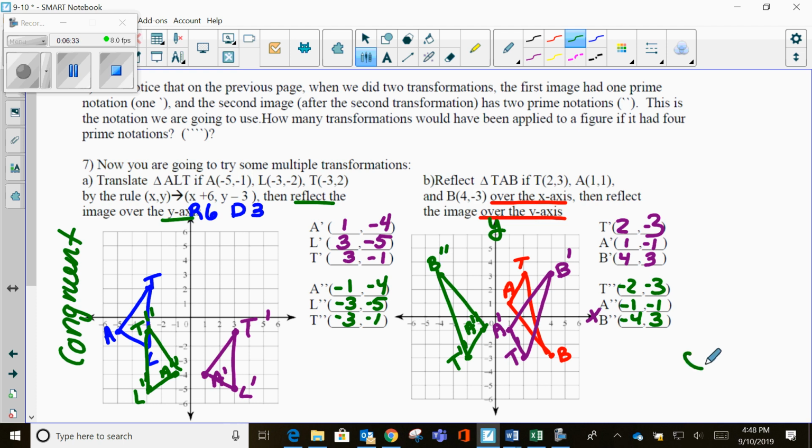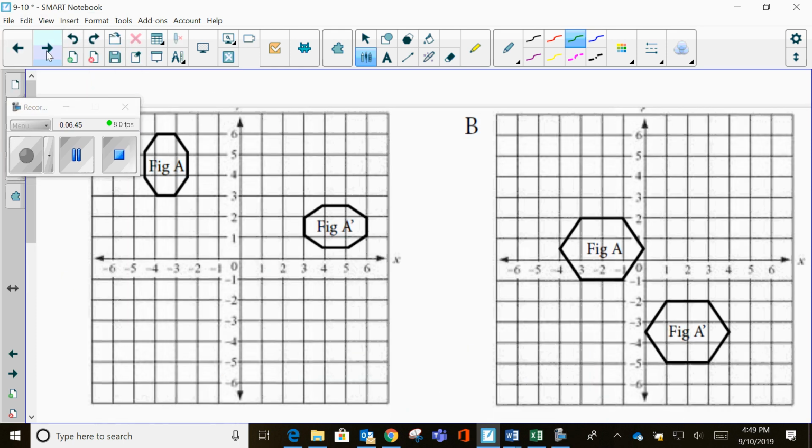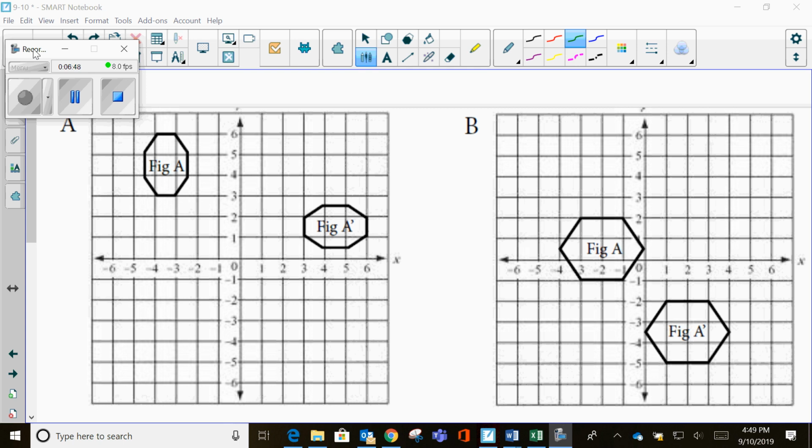Again, they should be congruent because they have rigid motion between rotations, reflections, and translations. If I look at an image, I can also figure out what the transformation is. So if I was going from figure A to figure A prime, there's a couple things I could think about doing.